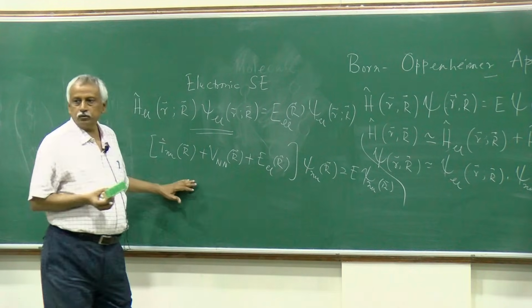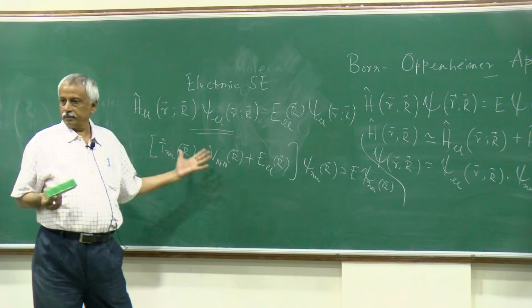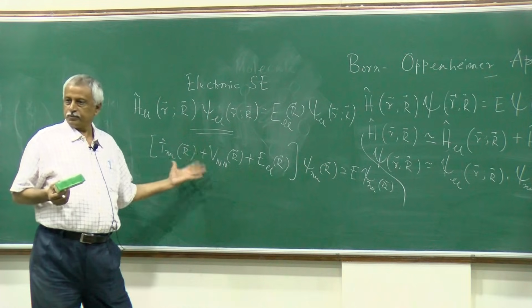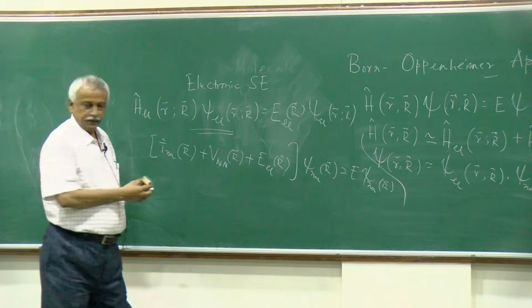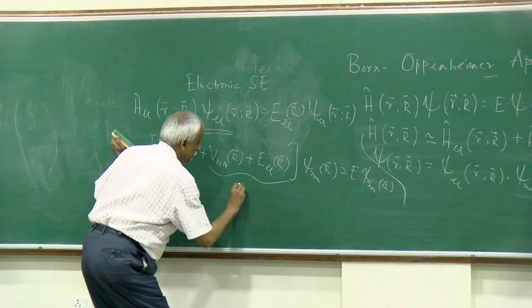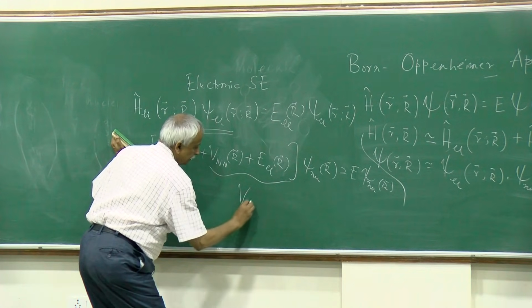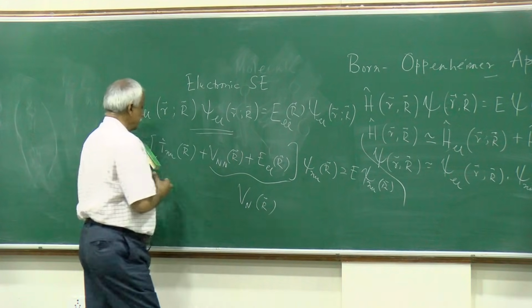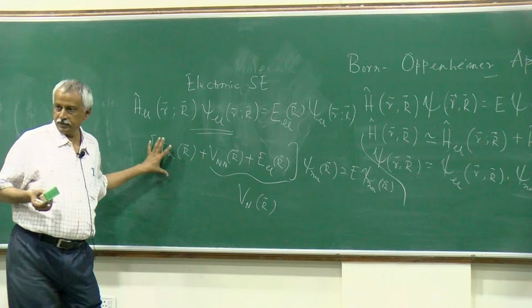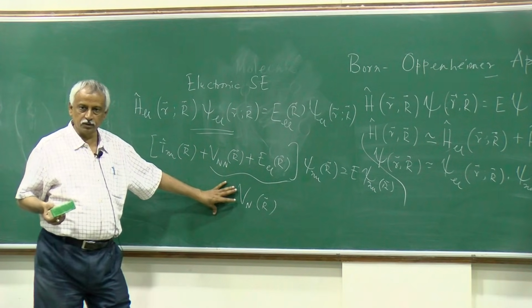This you can consider to be the Schrodinger equation for the nuclear motion. This one we call the nuclear potential energy, because if you want something like a Hamiltonian, this is the kinetic energy and this is the nuclear potential energy.